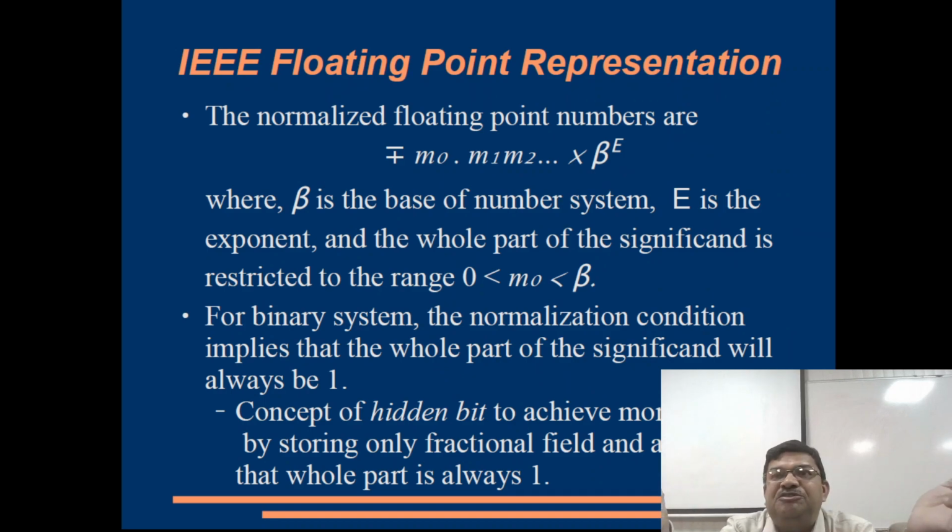So normalized floating point numbers, they are represented as plus or minus, can be sign, m0 dot m1 m2 etc., multiplied by beta raised to the power e, that's the exponent. Beta is the base of the number system which is used for encoding, representing the number.